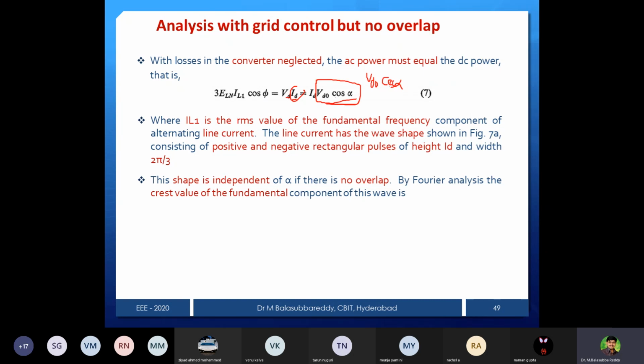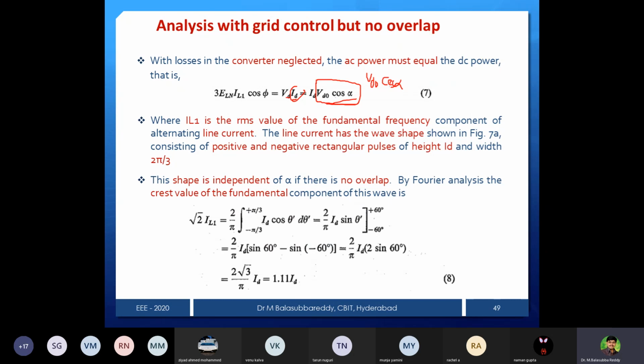There is 120 degrees conduction in each device. The pair of devices changes every 60 degrees, but each device conducts for 120 degrees. So in that simplification, IL1 is equal to 1.11 Id by root 2.